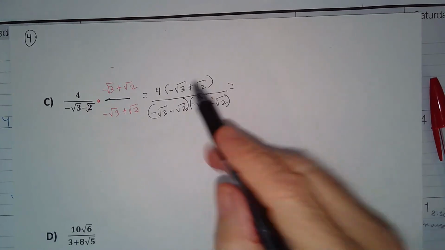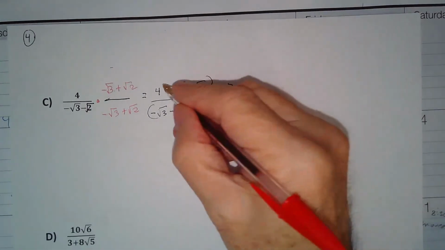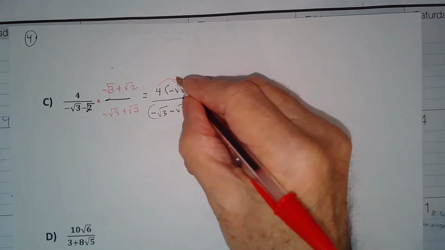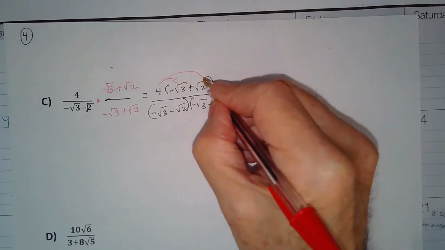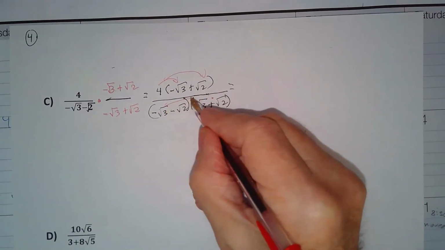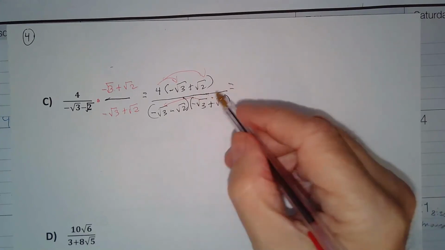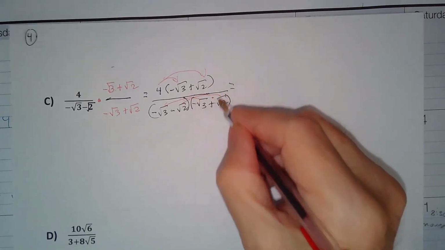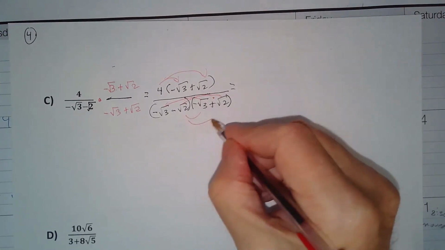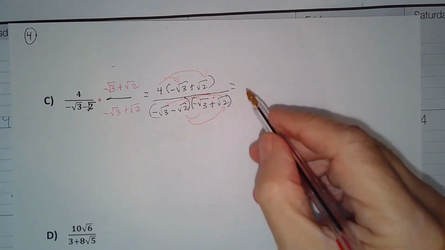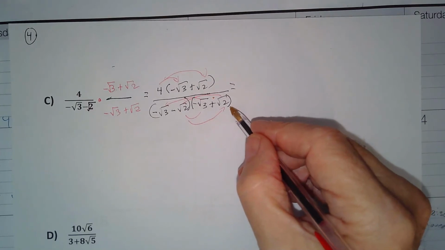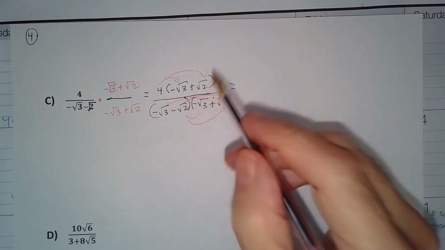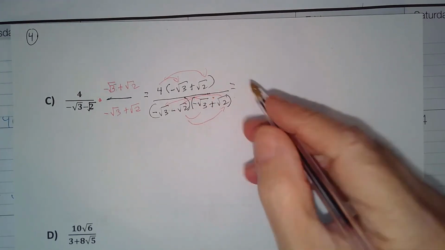So let's distribute 4 times negative square root of 3 and 4 times the square root of 2. And then we're going to FOIL the denominator: first, outer, inner, last. Okay.